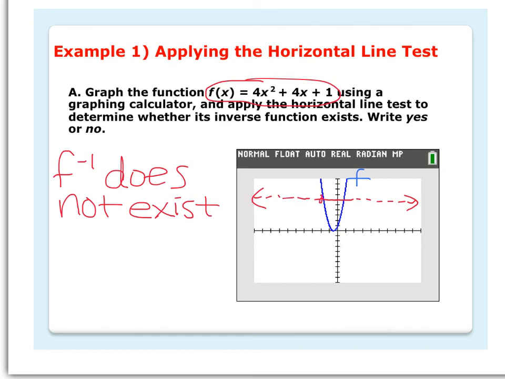The horizontal line intersects the graph in more than one spot.